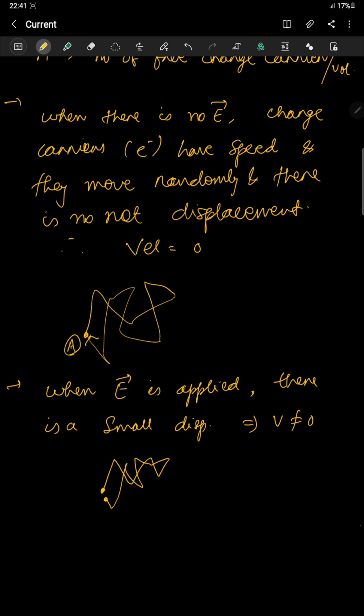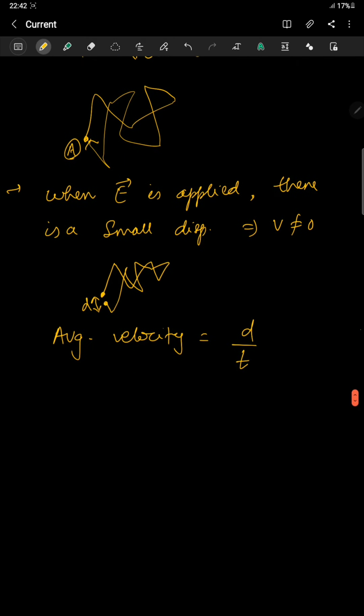So a small displacement is there, and since it is there, the velocity is not equal to 0. Because many electrons are there, we talk about the average velocity. The average velocity will be d by t, where d is the displacement, and t is the time it takes.